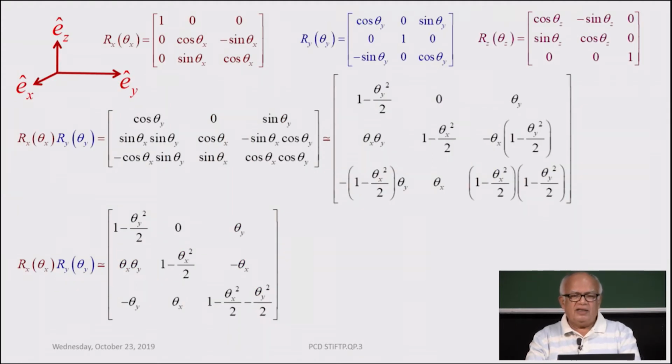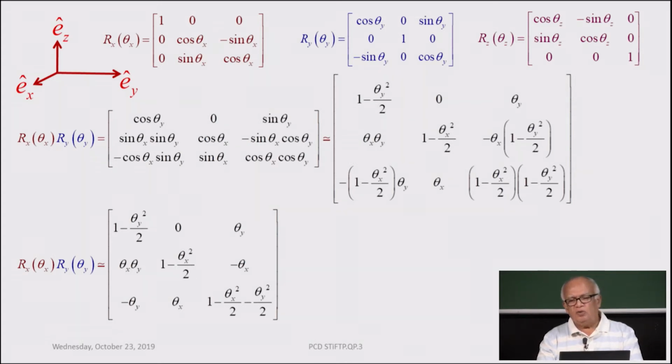So, let us find that out. I am not using animation over here because this is very simple matrix multiplication, you can do it. So, Ry first and Rx next is what is determined over here.